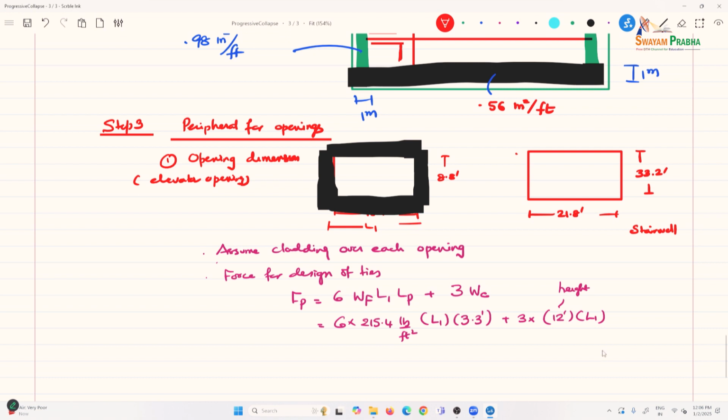So, 12 times L1, and this is 20 PSF. Divide all of it by 1000, this is in PSF, so dividing the whole thing by 1000 comes to approximately 5.0 L1 kips per foot.